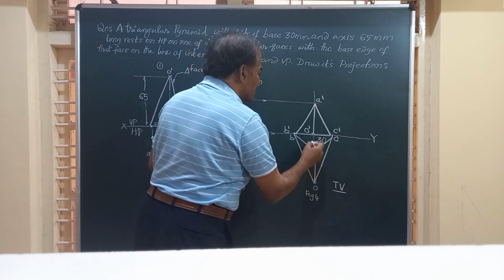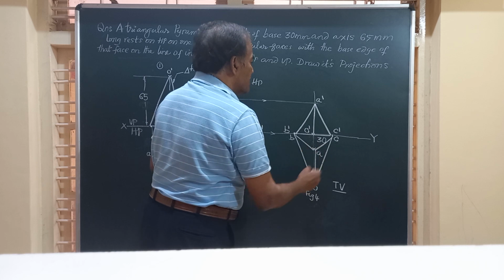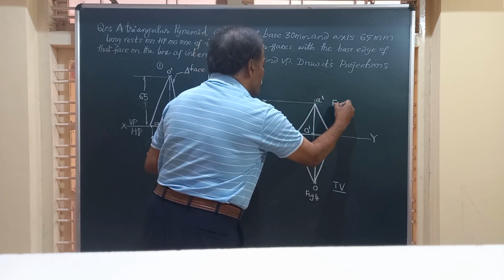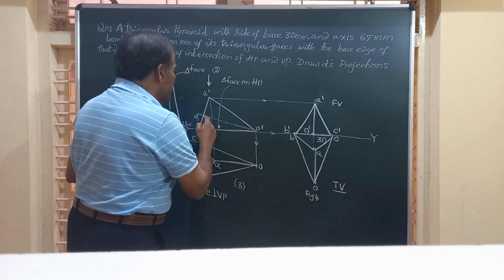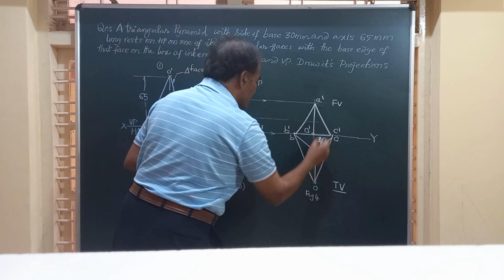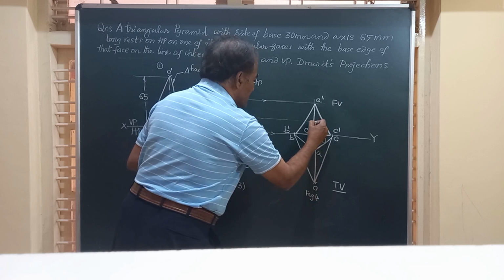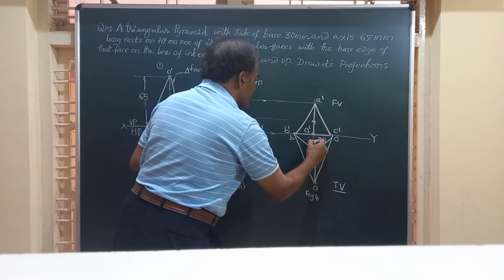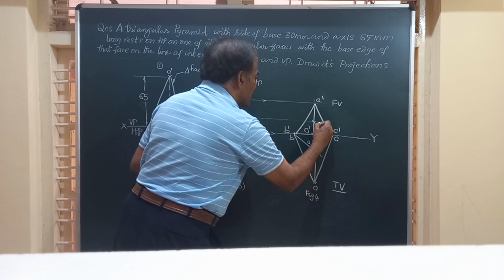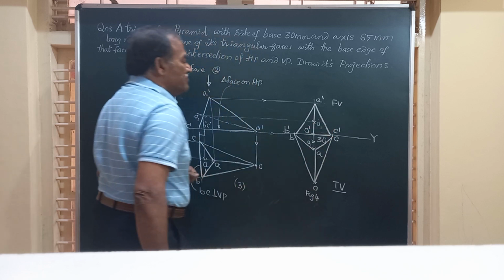This figure will give you the final front view. And friends, if you want to mark the center of the base, you can draw a line from here and a line from here. They meet here. This is O1, this is O1 dash, that is the center of the base.